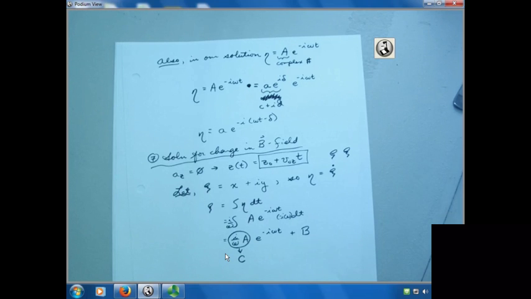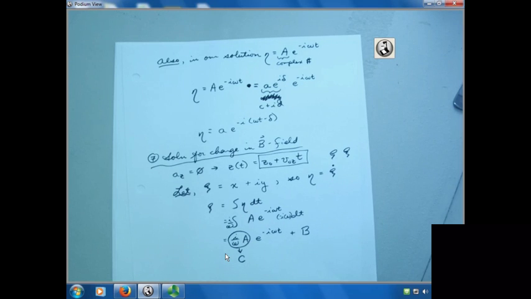Okay. So last time we were trying to calculate the motion of a charged particle moving in a uniform magnetic field, from Newton's second law, using the magnetic force as the only force on the particle.